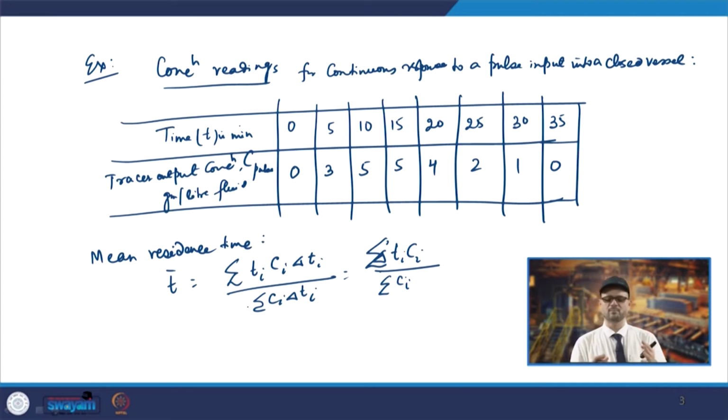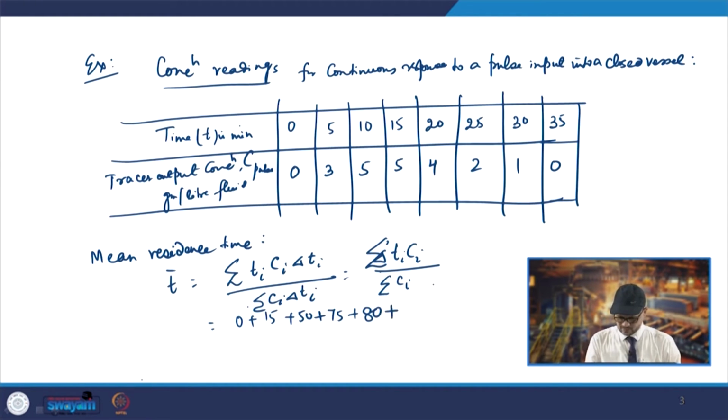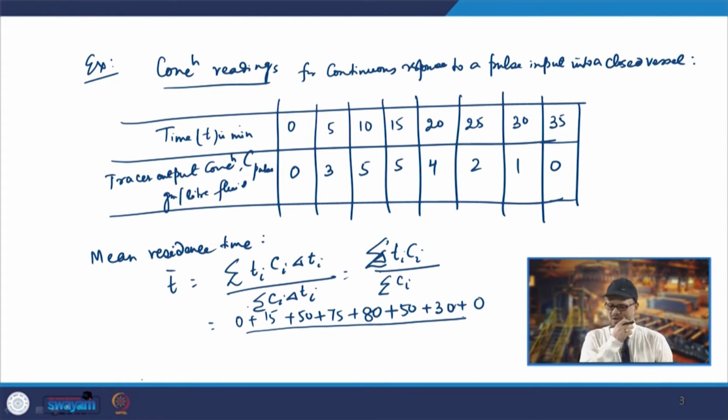So, you multiply these and then add. Adding Ti Ci, the first is 0, then 15, then 50, then 75, 80, then 50 plus 30, and then 0.